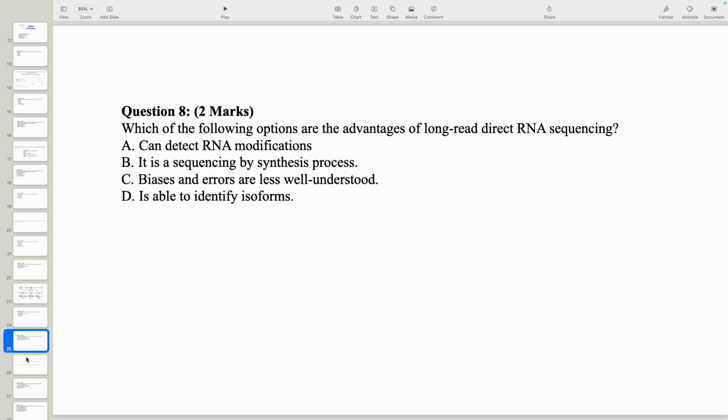So option B, sequencing by synthesis, is not correct, because here we are not synthesizing any complementary strand. We are directly sequencing our DNA or RNA. So do remember the principle of Oxford Nanopore before answering this question.